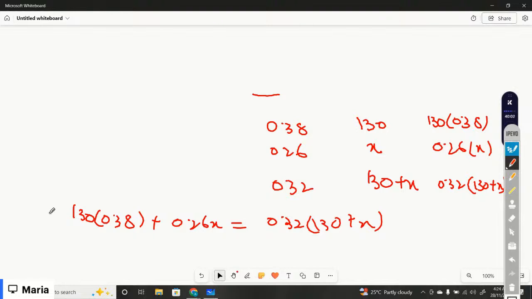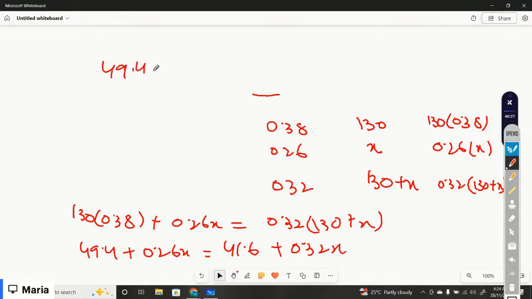Now just do calculations and calculate the value of x. 130 times 0.38 is 49.4 plus 0.26x. Now 0.32 times 130 is 41.6 plus 0.32x, right? So move them to the other side: 49.4 minus 41.6 and 0.32x minus 0.26x.